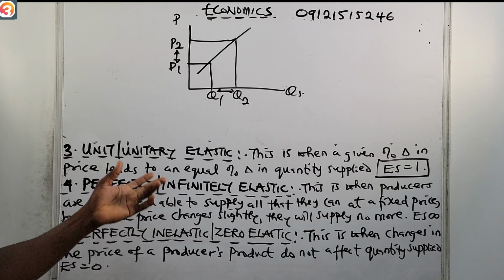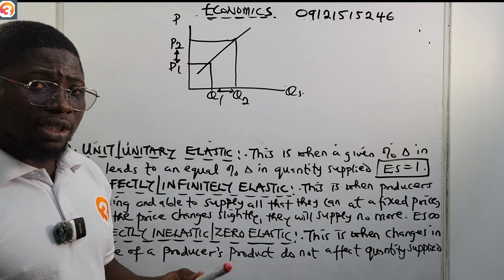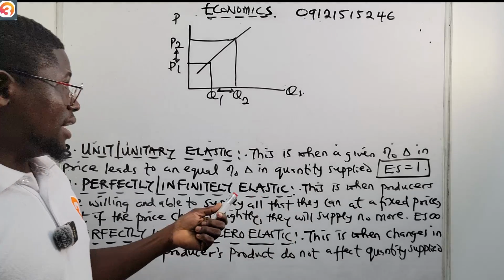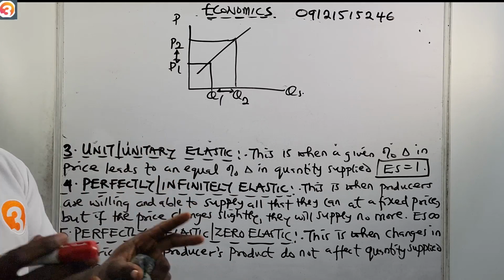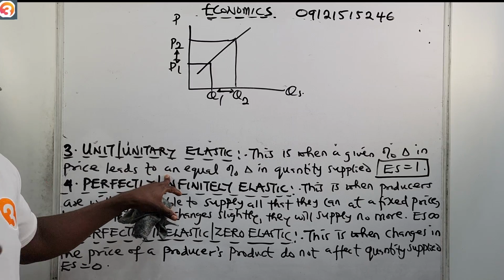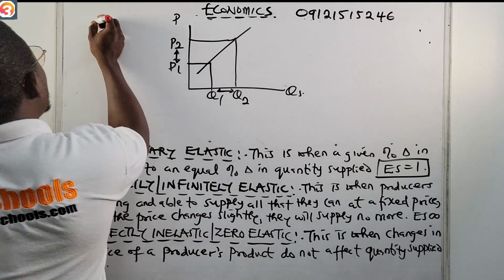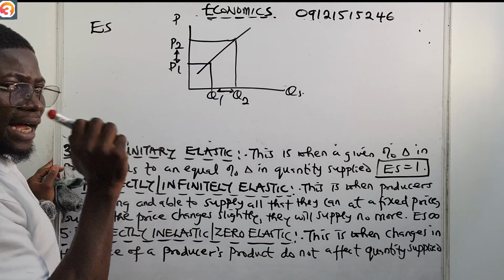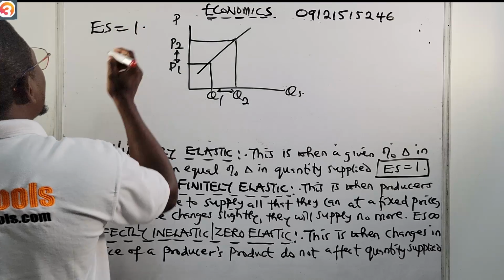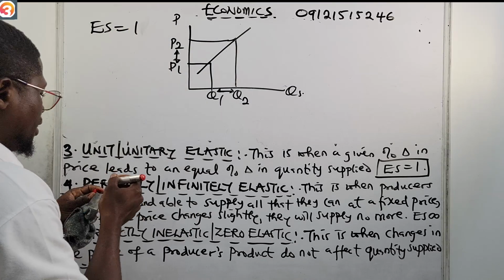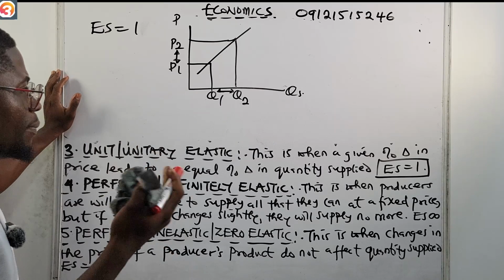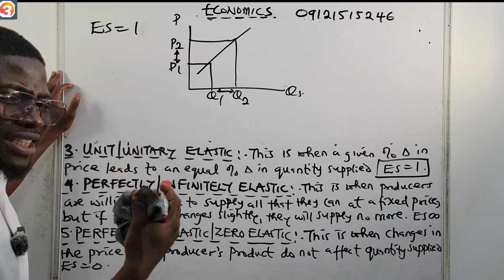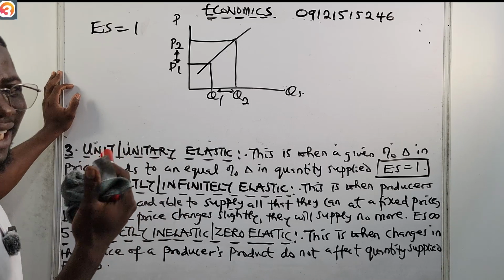Now for unitary, we have talked about equal percentage change in price and quantity supplied, and we said that the coefficient of elasticity of supply is equal to 1. They are equal. So what type of commodities fall into unit or unitary elastic supply?